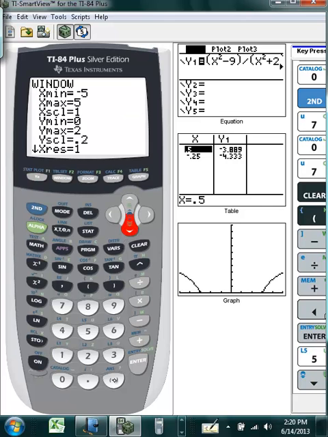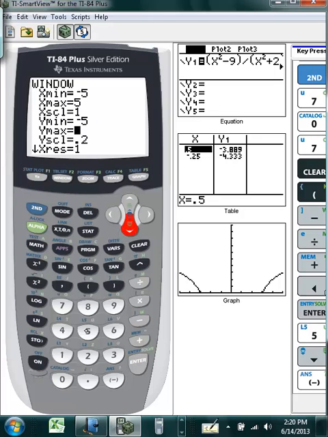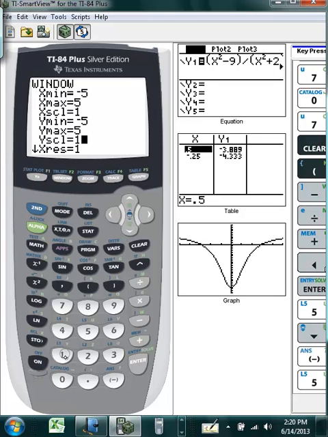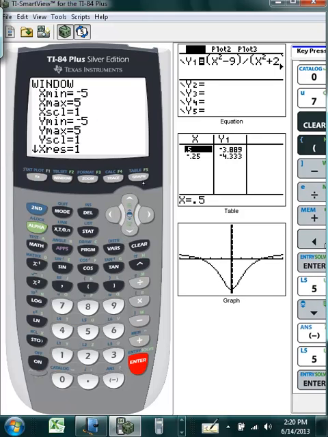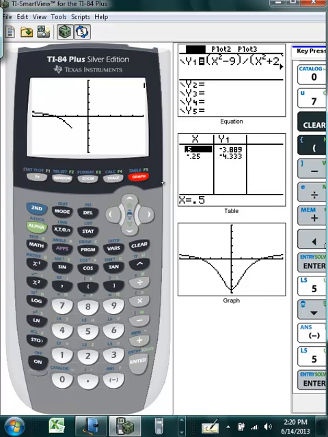And also maybe negative 5 to positive 5 by 1s. And indeed, there is the graph. We see that it is symmetric with respect to the y-axis, but not symmetric with respect to the x-axis, nor with the origin.